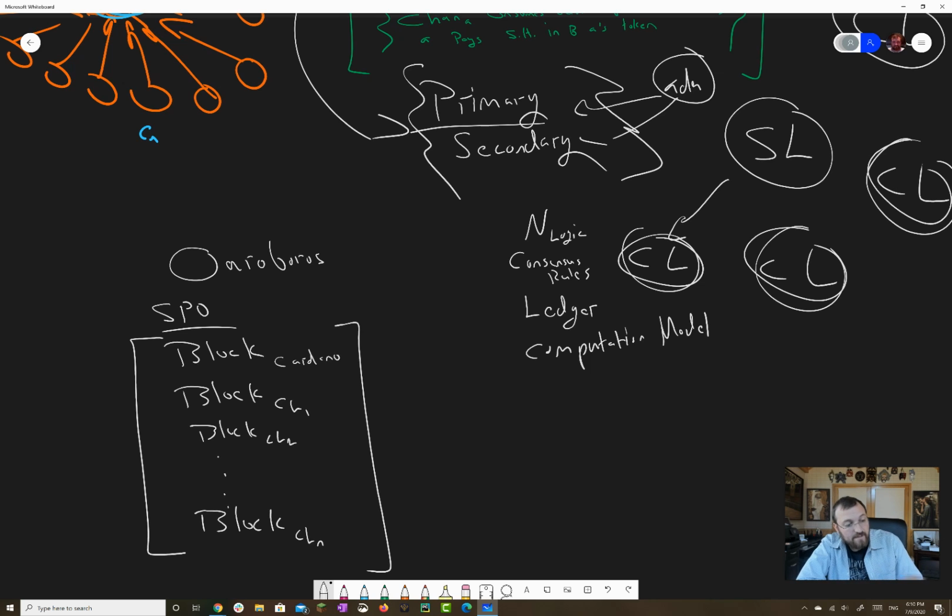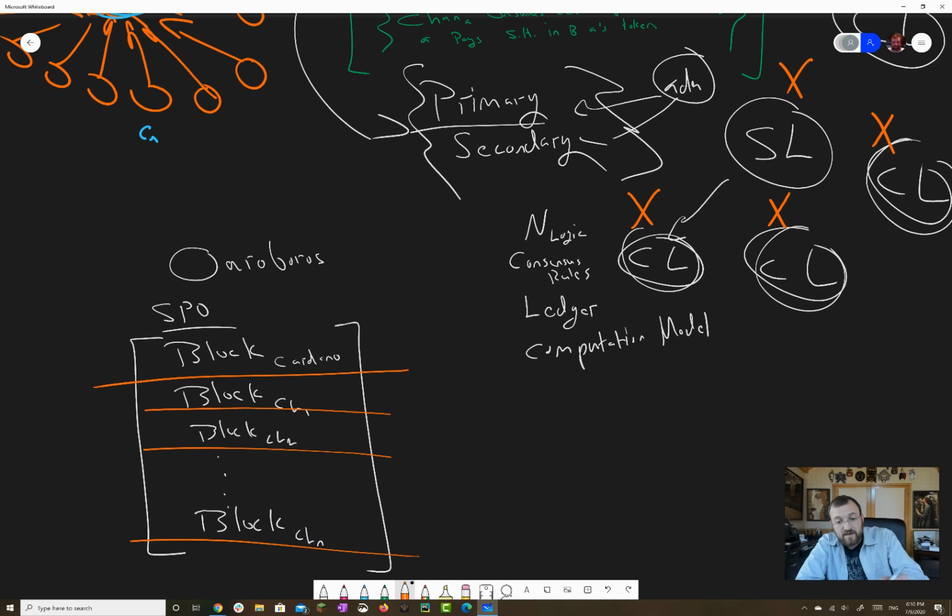So if you're a stake pool operator, when your job comes up to expand the state of the chain, you'll actually do that for each of these networks, in addition to SL. So you'll generate the normal Cardano block like all the stake pool operators do, but then you'll make the block for the next network, the block for the next network, the block for the next network, and you'll look up that network logic and those consensus rules and the ledger logic, and you'll follow the computational model, and these will all be different, okay?